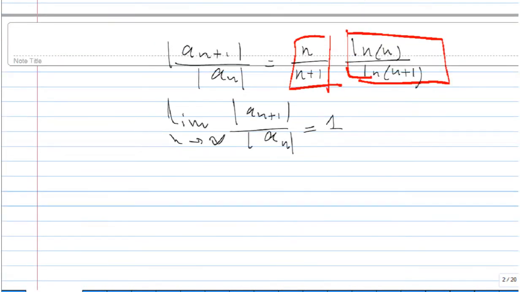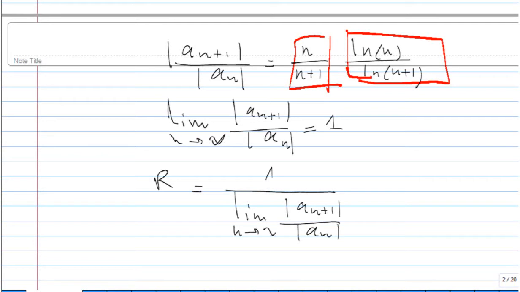So the radius of convergence r is equal to 1 over the limit of the absolute value of a_(n+1) over a_n when n goes to infinity. Some people like to use the inverse of the sequence, which is exactly the same. And the limit will be 1 over 1 equals 1.